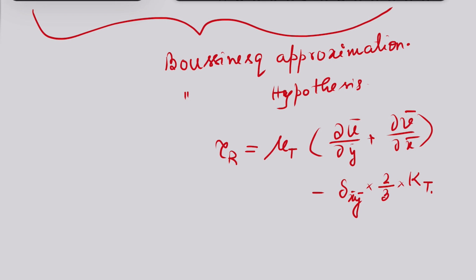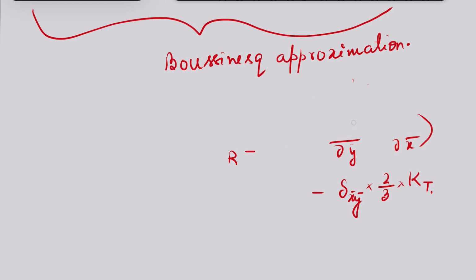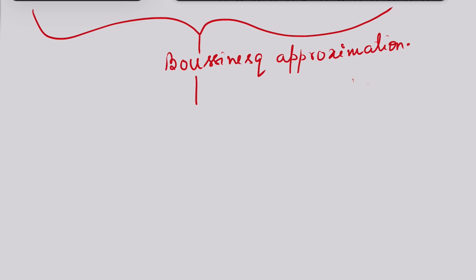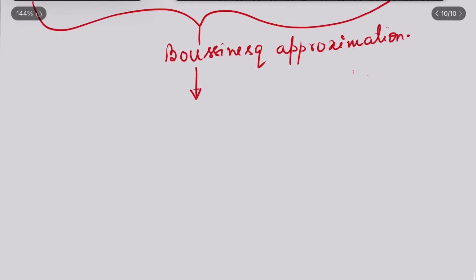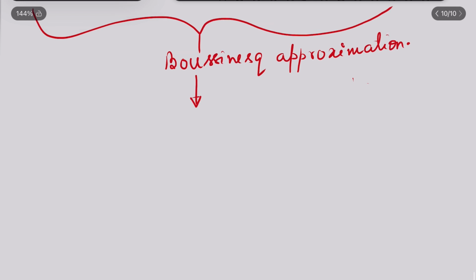If you are appearing for any interview and you use this term, they will catch you. Although you may be thinking the right thing, that is the Boussinesq approximation, if you tell them that you are applying the Boussinesq hypothesis, then it is wrong. So now, what is the Boussinesq approximation?